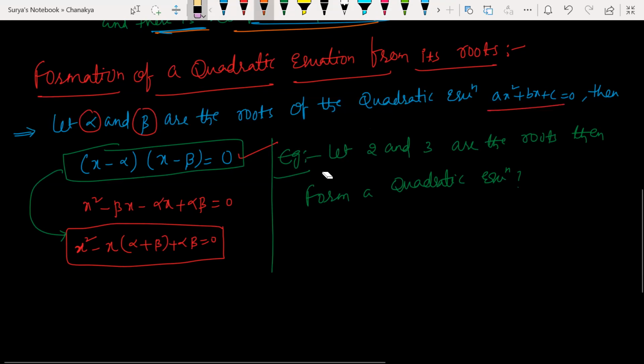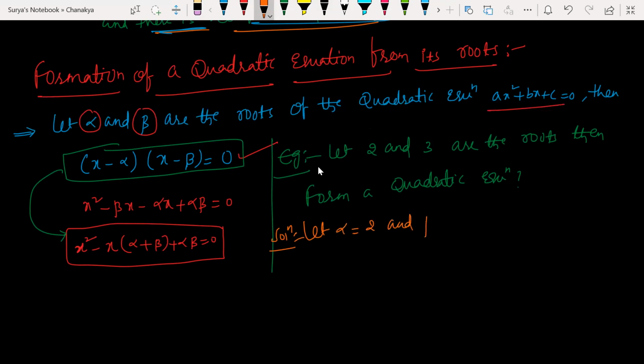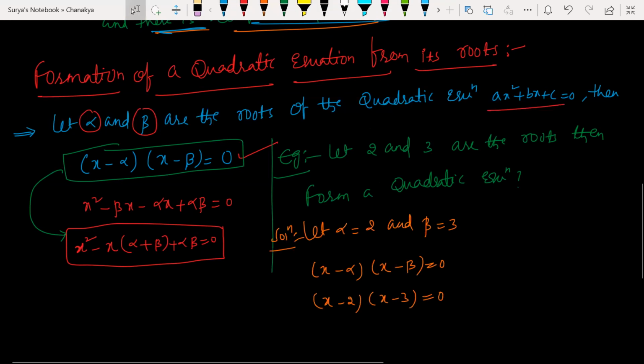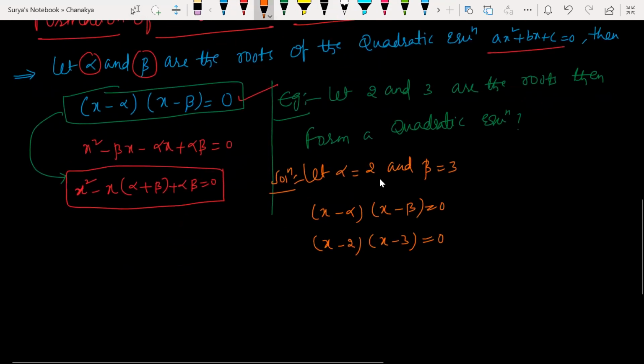Let alpha is equal to 2 and beta is equal to 3. So (x minus alpha) into (x minus beta) is equal to 0, right? So (x minus 2) into (x minus 3) is equal to 0, right? So what will be my equation now? X into x, x square minus 3x minus 2x plus 6 is equal to 0. So x square minus 5x plus 6 is equal to 0.